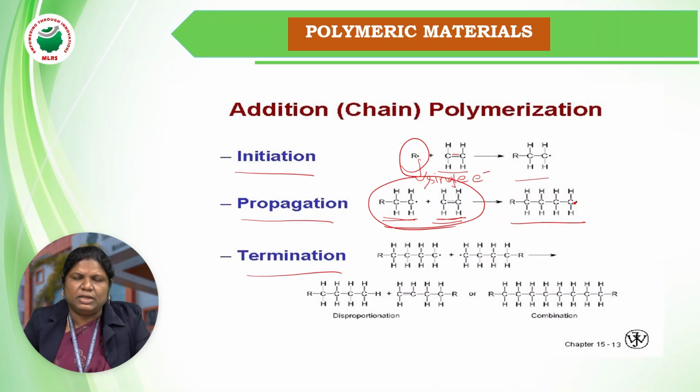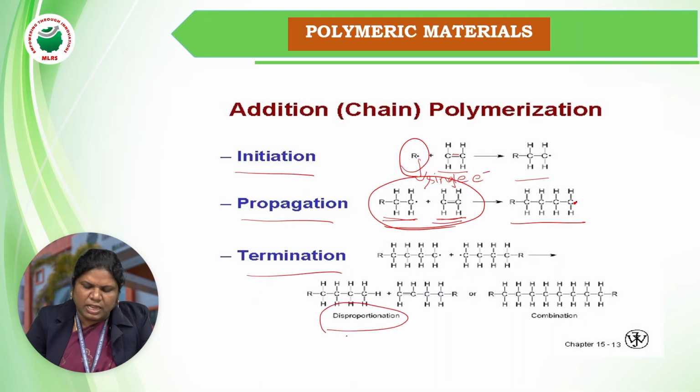When we want to stop the reaction, we have to terminate it. Termination is the third and final step, and it is carried out by two processes: one is the disproportionation reaction and the other is combination.